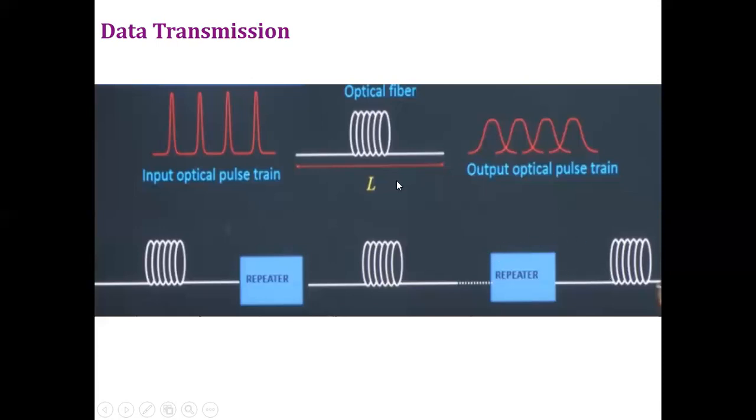If L is the repeater length of the link, then the repeater length of the link for given data depends upon two things. One is how much the pulses have attenuated, and the other is the spread of the pulses, or the broadening in these pulses, so that they do not overlap, right?